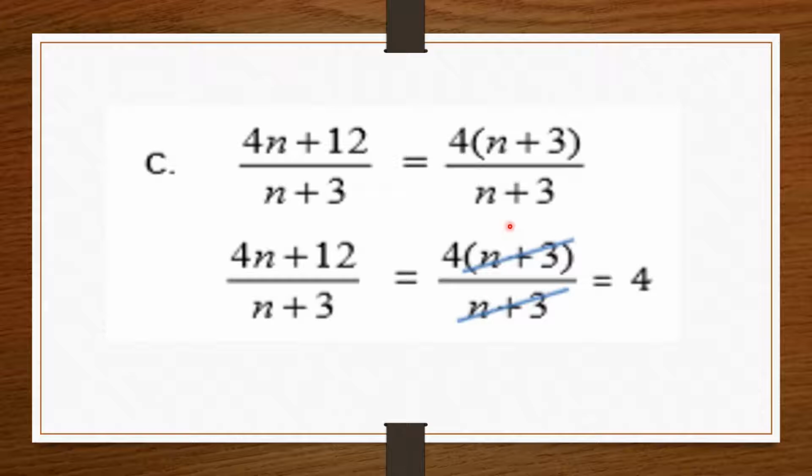And then cancel out the common factors that you can see from the numerator and denominator, which is, correct, that is n plus 3. We'll cancel out with the n plus 3 here in the denominator, so that our final answer now is equal to 4. Okay, that is now the simplified rational algebraic expression.